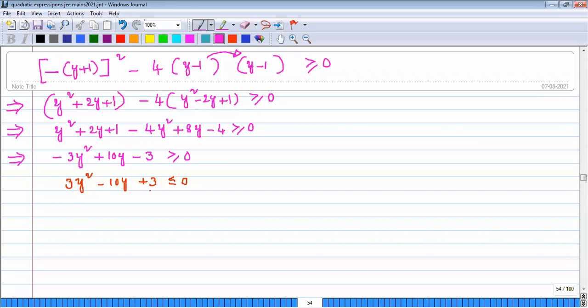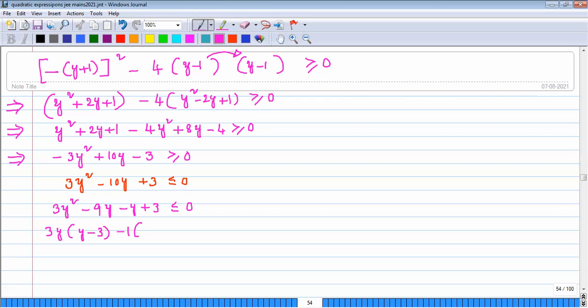Factors of 9 we can write as negative 9 and negative 1, whose product is plus 9 and whose sum is negative 10. So the middle term can be written as 3y square minus 9y minus y plus 3 less than or equal to 0. So 3y common, we have (y minus 3).